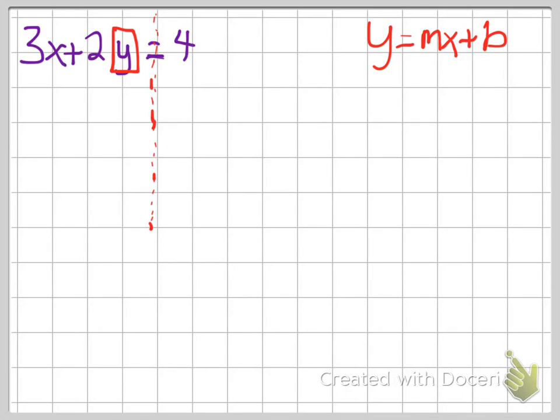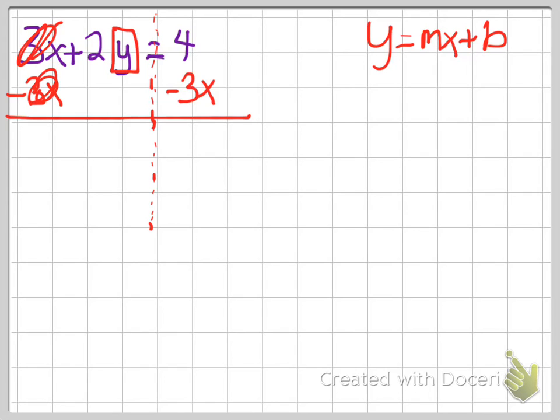Box it, line it. Now I'm going to get y by itself using that. I'm not going to really mess with y yet. I'm just going to leave it alone. I want to take everything else to the other side. In the process, you have to do the opposite. Opposite of 3x is minus 3x. Be fair, do both sides. Okay? Cancel out.